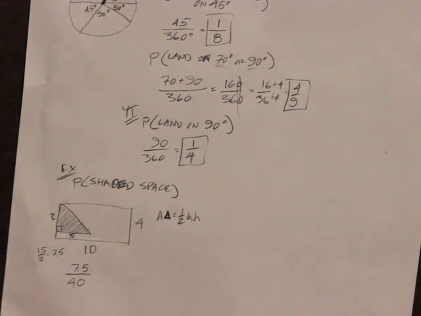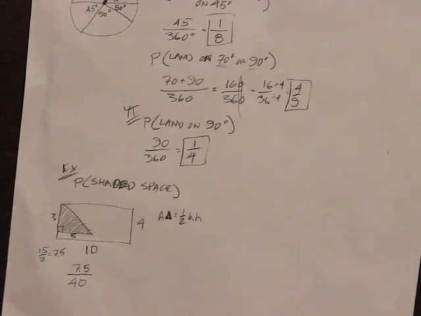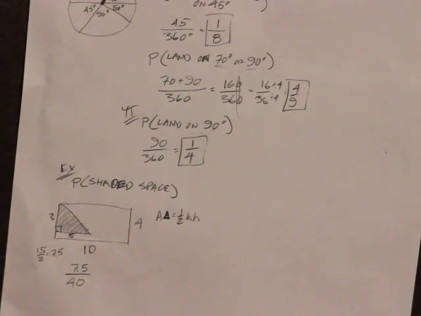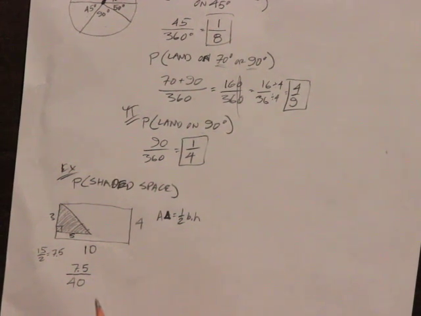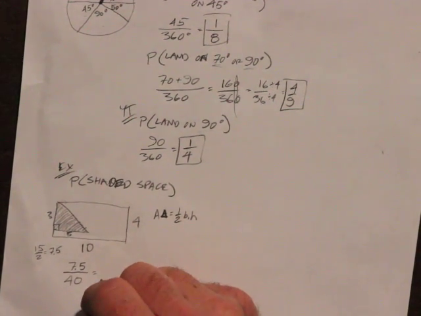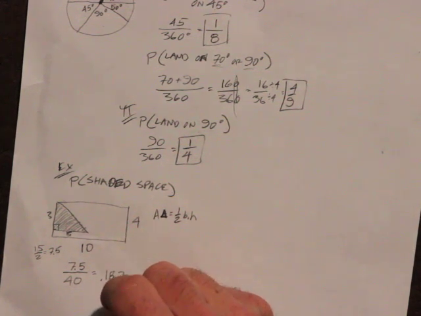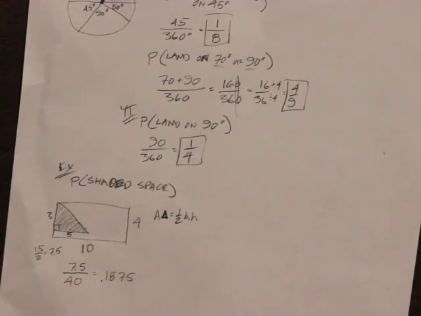We could put that in the calculator, 7.5 divided by 40 equals 0.1875 chance of landing in there.